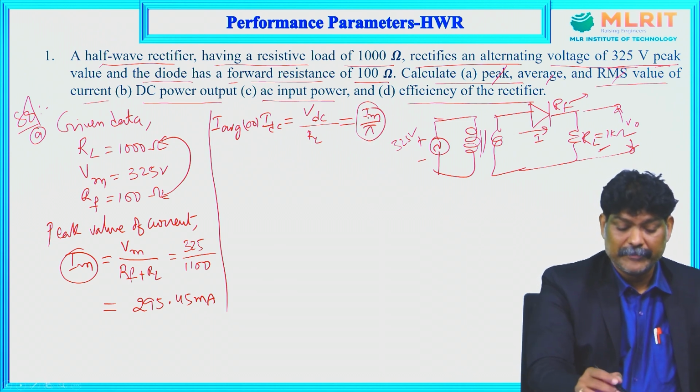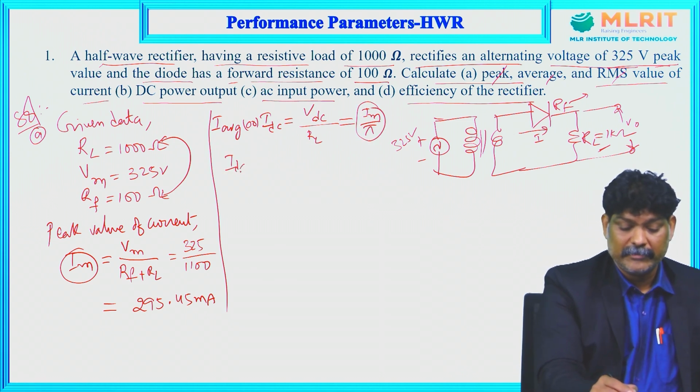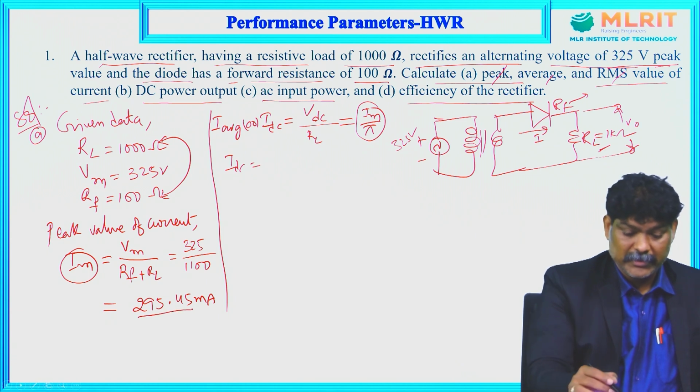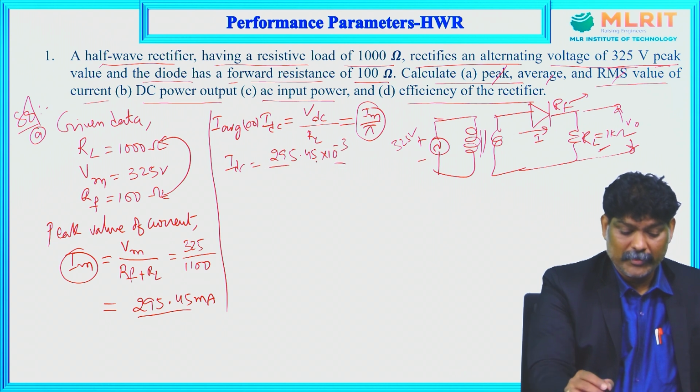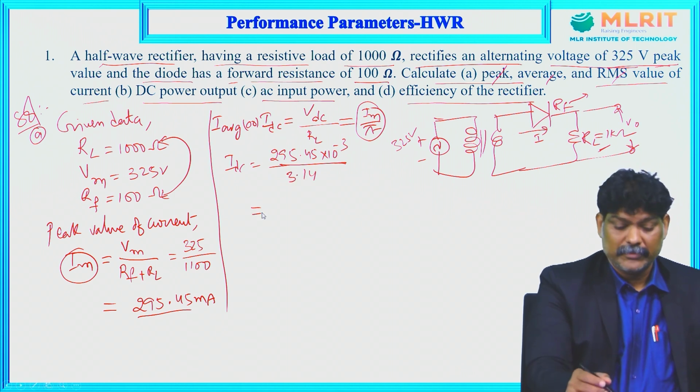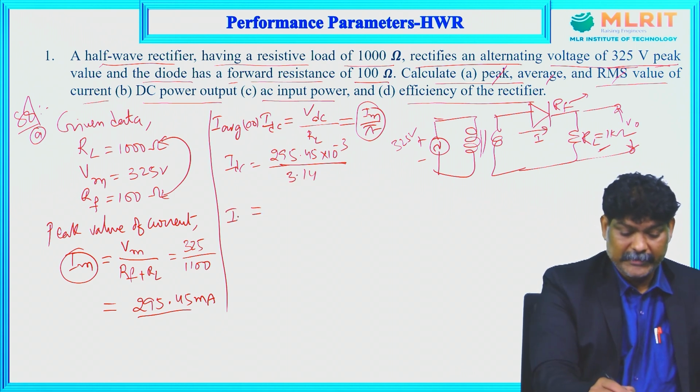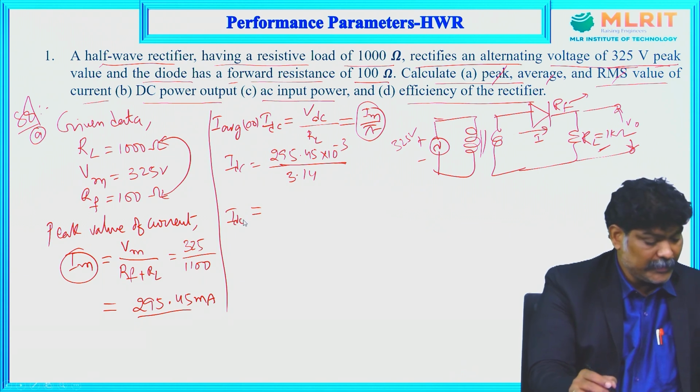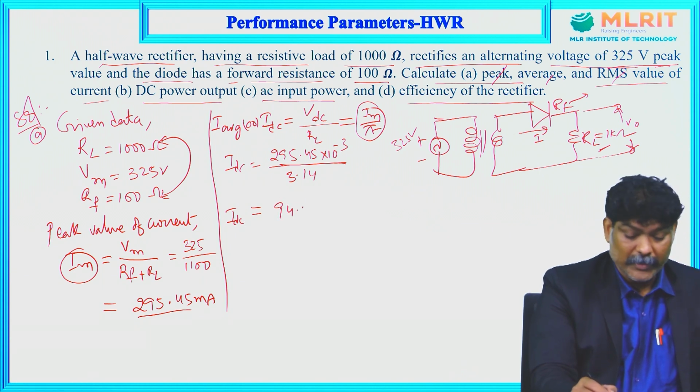So directly substituting, IDC is equal to 295.45 into 10 power minus 3 upon pi, where pi is 3.14 something. If you solve for this, the IDC you obtain is 94.046 milliamperes.